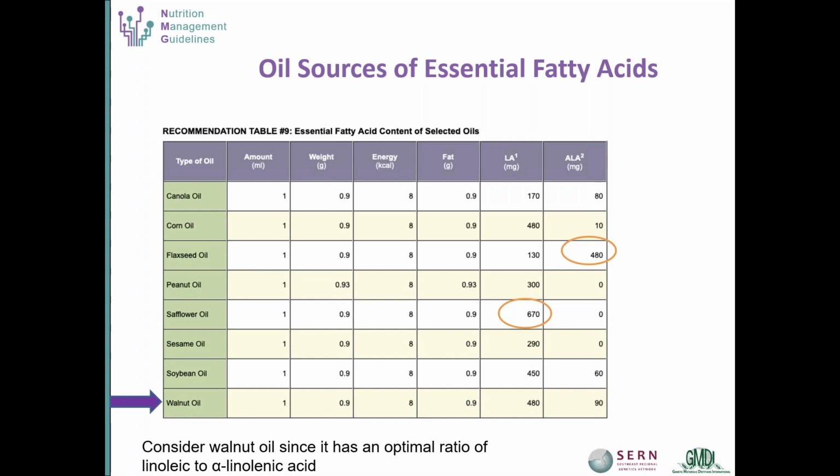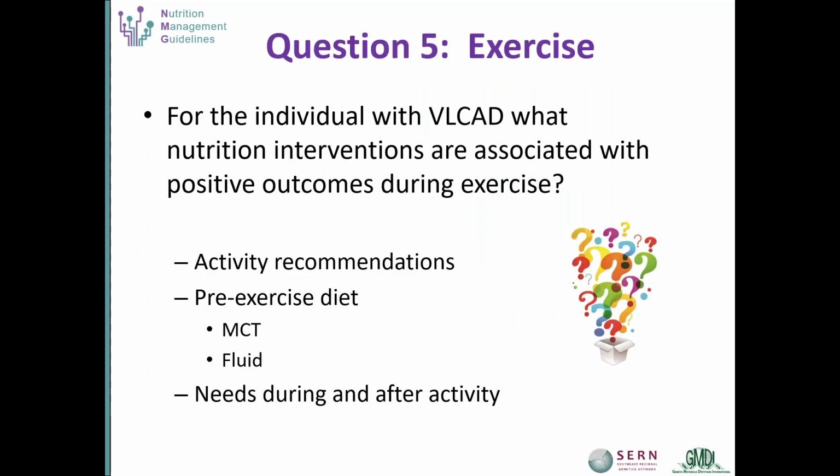If you're trying to get a good blend of both linoleic and alpha-linolenic acid, walnut oil does have an optimal ratio of the two and can be added. Other oils will provide some linoleic or alpha-linolenic acid, but will also include a lot of other fatty acids which can contribute to the intake of long-chain fat in the diet.